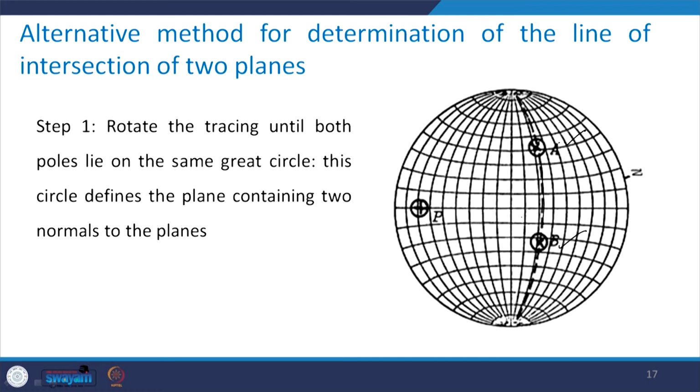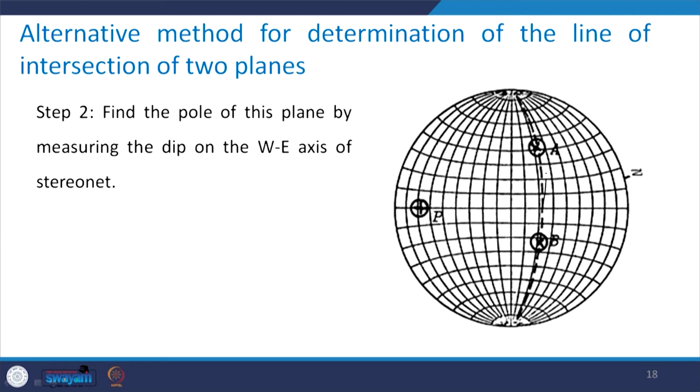Whatever is the distance of this from the center, you take the same distance from the outer circle, that is the circumference. This distance and this distance are the same. Then we can locate the pole corresponding to this great circle.